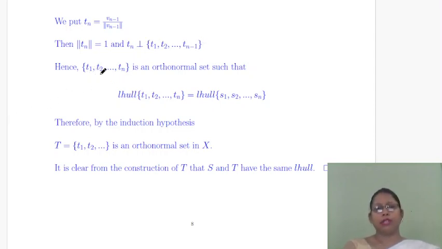Hence the set T1, T2, up to Tn is an orthogonal set such that the linear hull of T1, T2, up to Tn is equal to the linear hull of S1, S2, up to Sn.